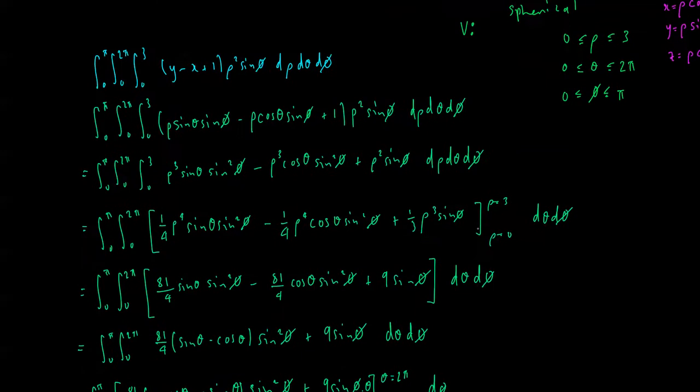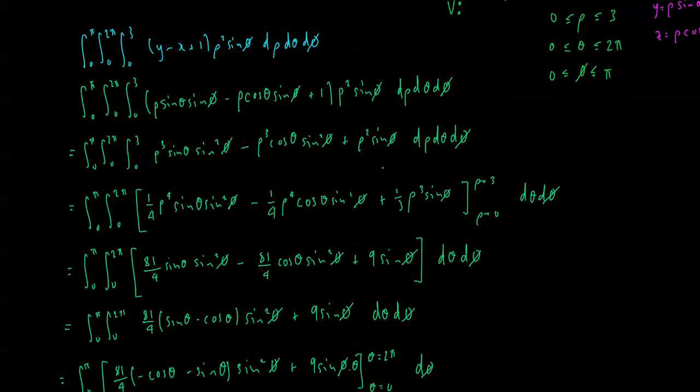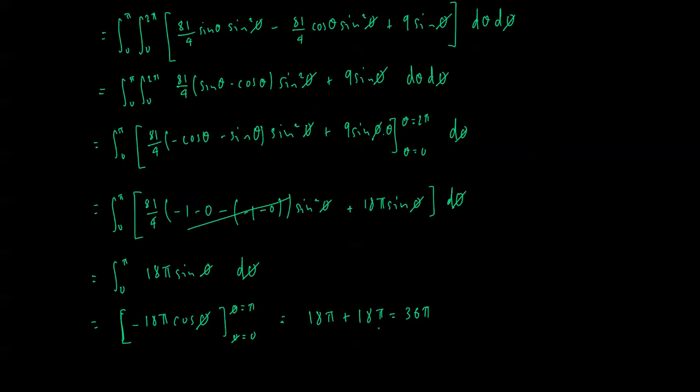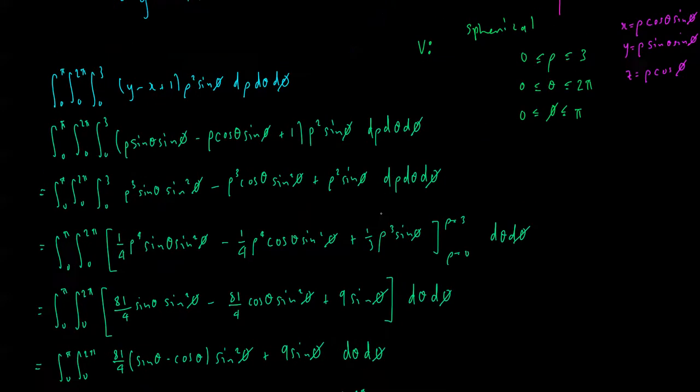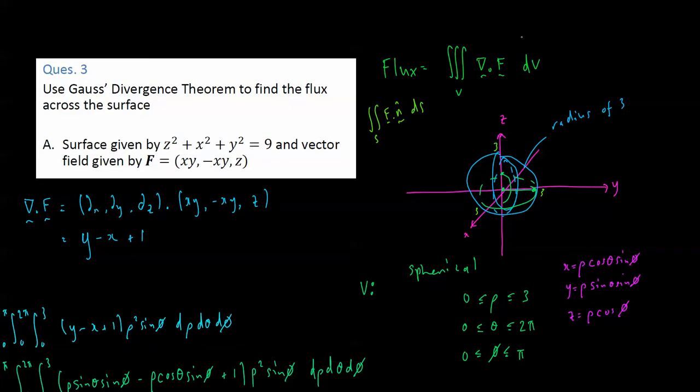A bit tricky, the integration got a bit messy, but really it's not overly complicated. You just have to be neat and methodical. Having said that, I hope I got the right answer, 36 pi. Let me know if I made a mistake. I don't think I did, but I found that the flux was equal to 36 pi. So that's the flux across the surface of this vector field.